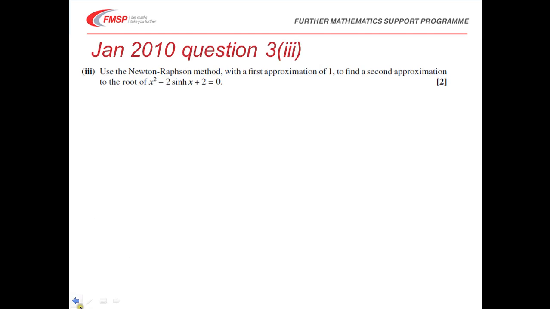And then the last part of the question, we're asked to use the Newton-Raphson method to solve this equation: x squared minus 2 sine x plus 2 equals 0. So we have a function, f of x equals x squared minus 2 sine x plus 2, and we'll need its derivative.